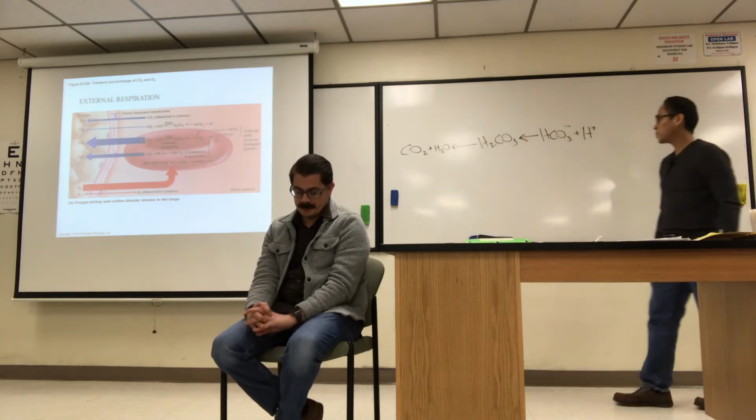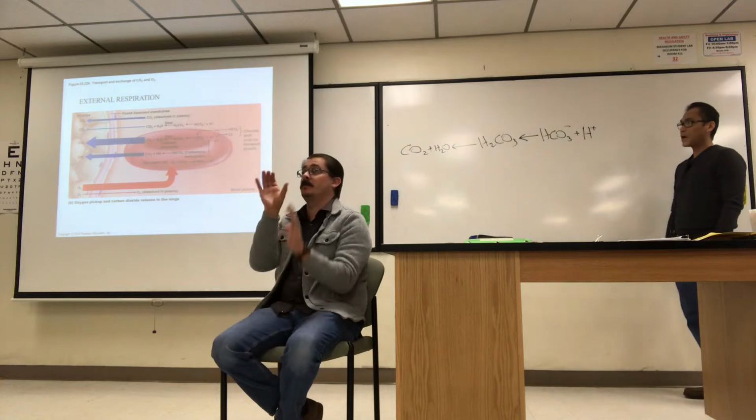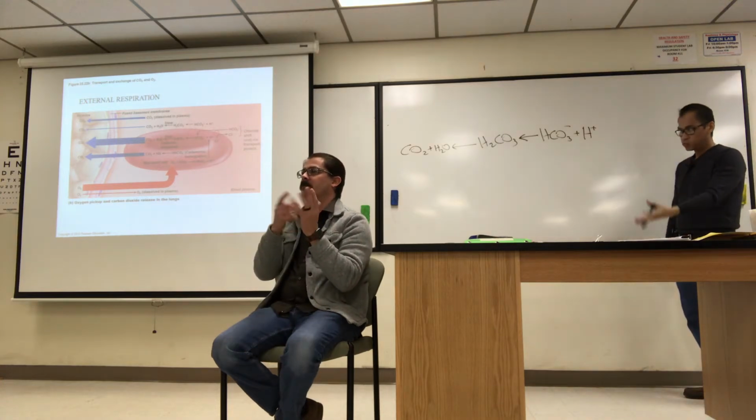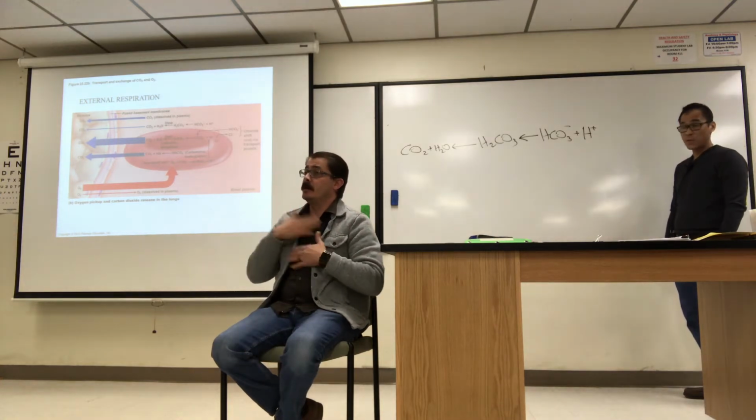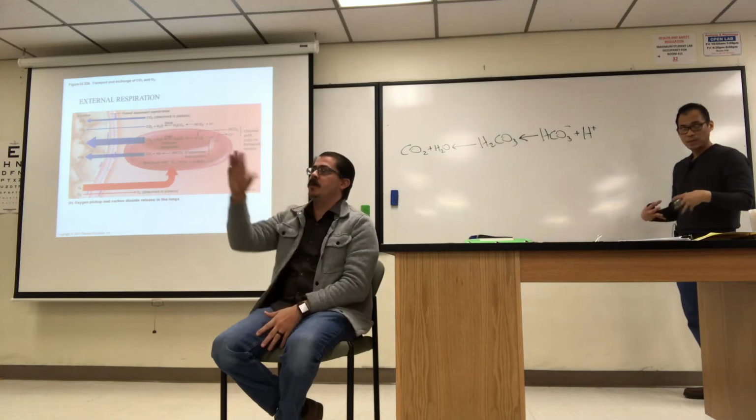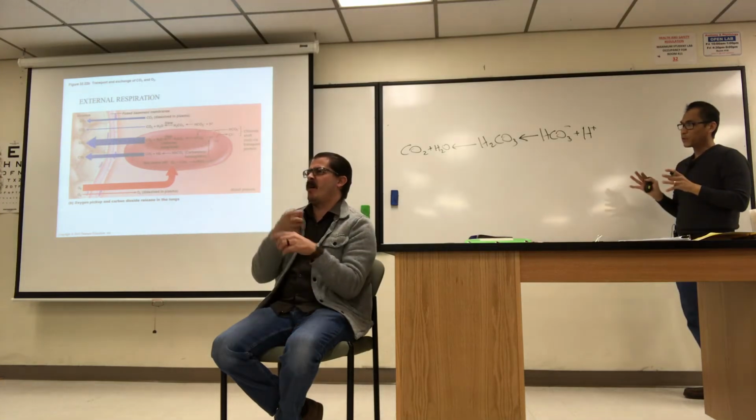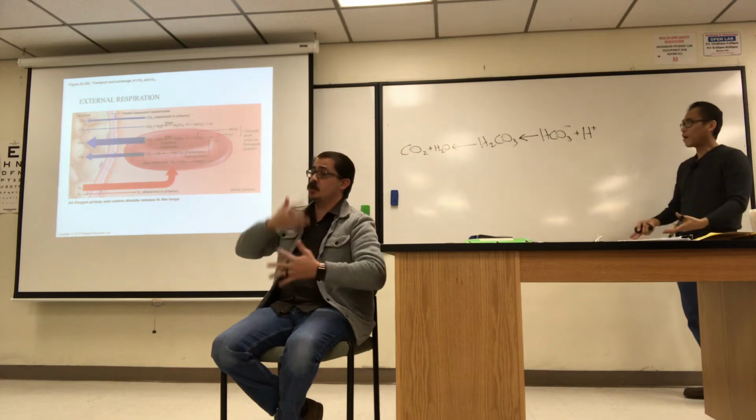What this figure shows you is a couple of things. It shows you how you're able to breathe off CO2. CO2 is a waste product that builds up in the body, and it's the job of your circulatory system to get it to the lungs so you can breathe it off.